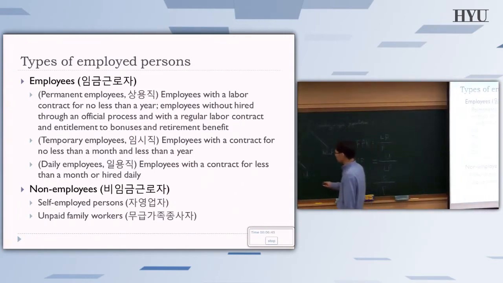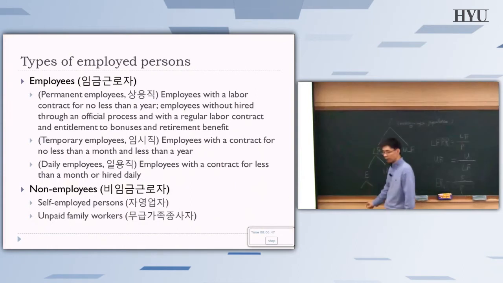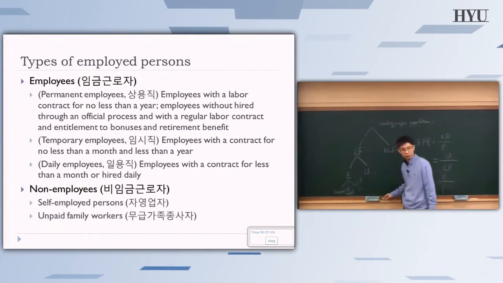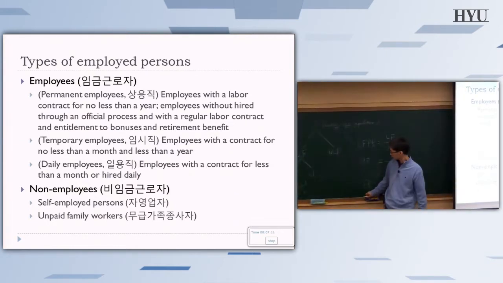So actually we can have 3 groups: employees, self-employed, and unpaid family workers.